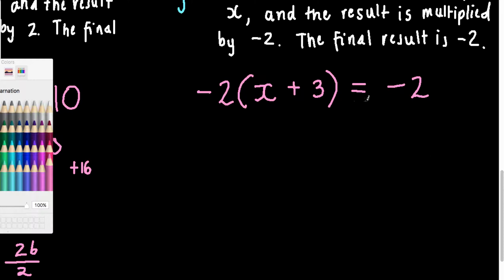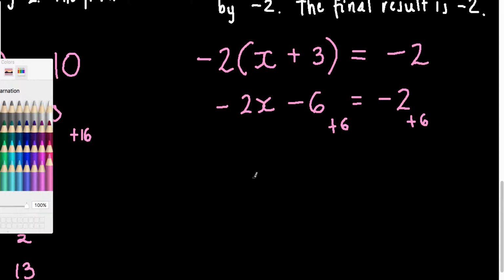Okay, so let's expand. Negative 2 by x is negative 2x. Negative 2 by positive 3 is negative 6. That's equal to negative 2. First step, let's add this 6 to both sides. So negative 2x equals negative 2 plus 6 is positive 4.